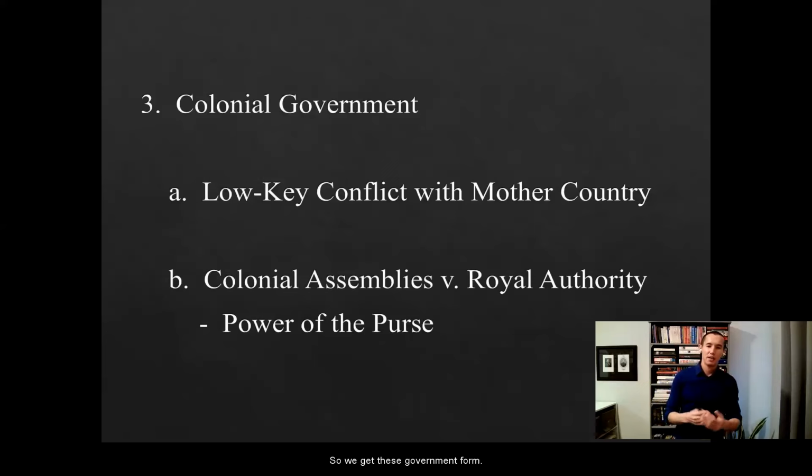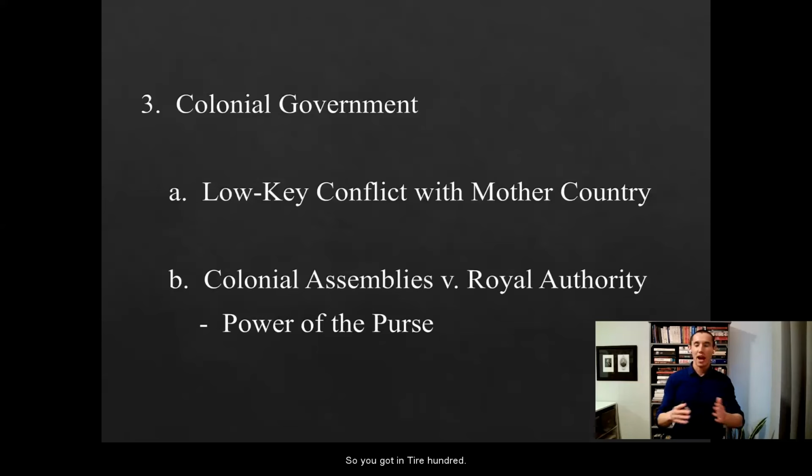And in that 100-year period, so we get these governments formed, and they never sat down officially and said who had which powers, but over that entire period, what's really important to know is England never once taxed the colonists in that entire period. England never once passed a tax in the colonies. England passed tariffs, but never a tax.